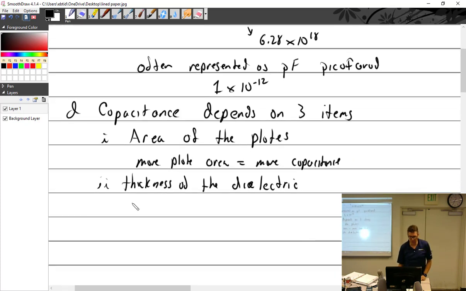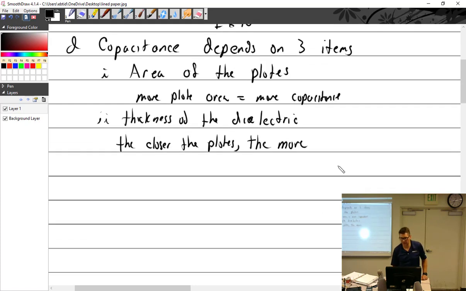The closer the plates, the more electrons are attracted to the opposite plate.